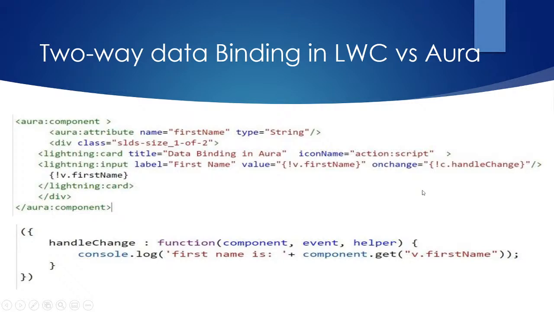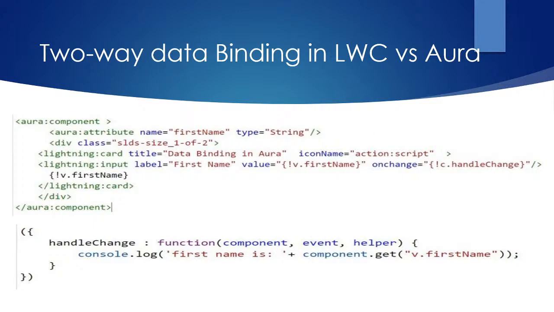So this makes the code bigger and a little complex to use two-way binding with events. Here you can see the event in the handle change method, in the JavaScript handle change method. So this is how it is in aura.